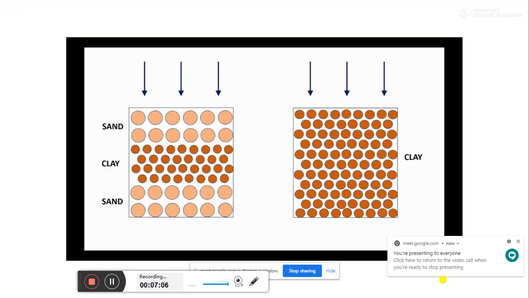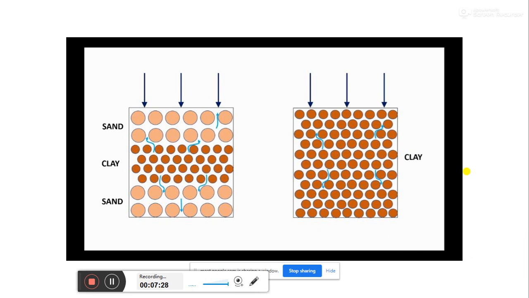So, for relatively coarse materials like sand, the water reduces fast, whilst it takes longer for water to move through finer particles like clay. You can see this in this diagram. For coarse materials, water reduces fast, and for fine material like clay, this phenomenon takes longer time.